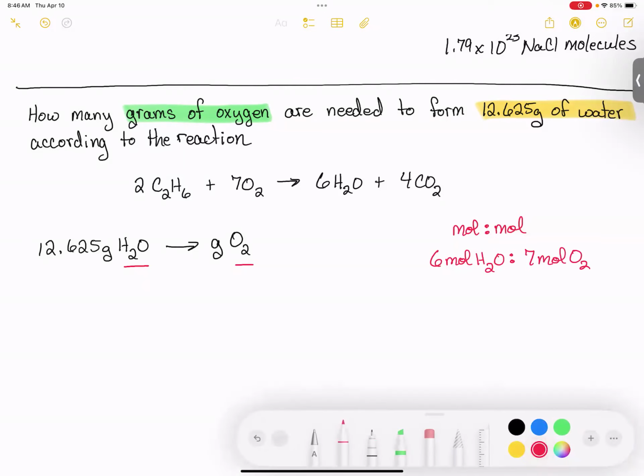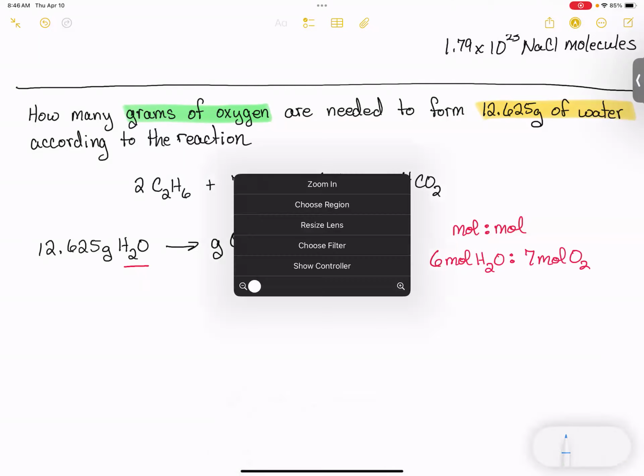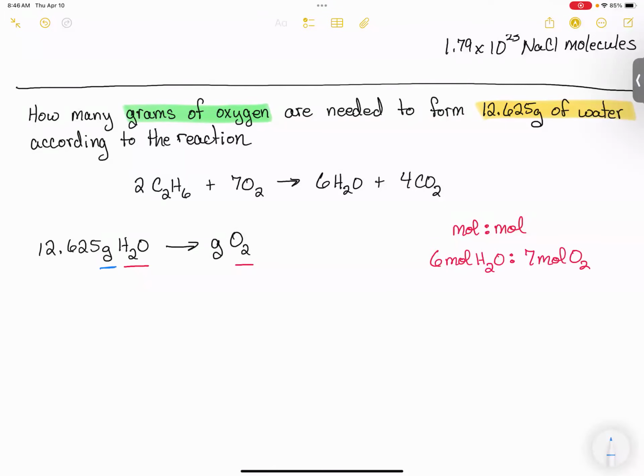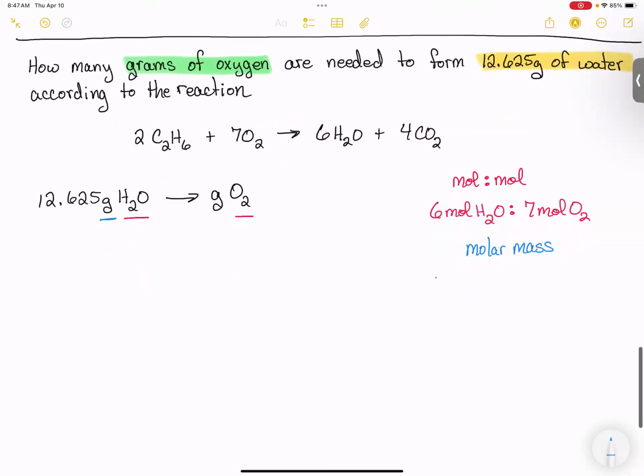The next thing is grams of water. Anytime I see grams, I know I need the molar mass. There are 2 hydrogens at 1.008. There is 1 oxygen at 16.00.